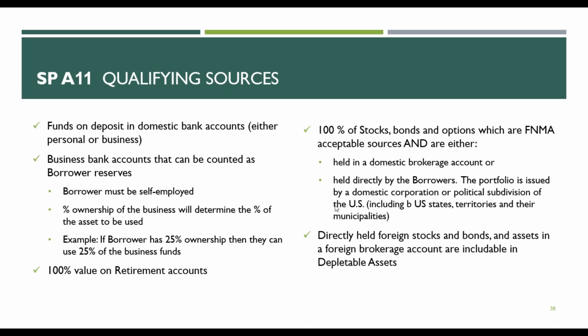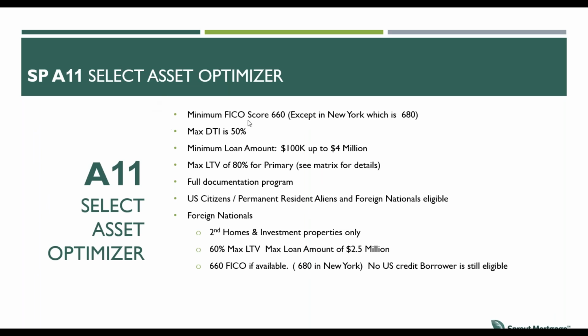If you're using this for a foreign national, because we do allow this on foreign nationals, we can use the foreign stocks and bonds in the foreign national's country of origin, and they don't need to liquidate them. So those will be included in depletable assets for foreign nationals, okay?